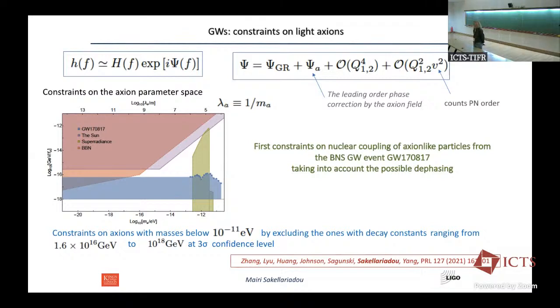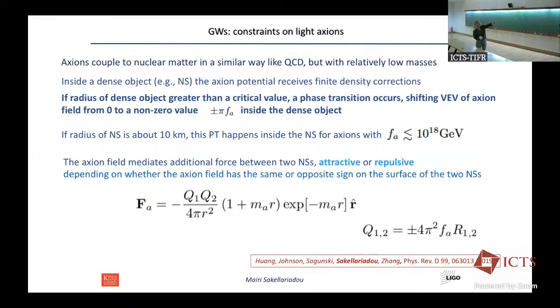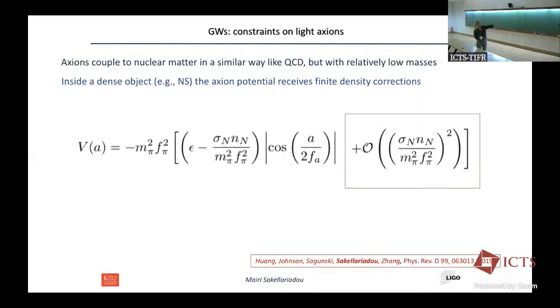Do you assume some specific axion-nucleon couplings? No, that's all that I have here. These are free parameters. I don't assume anything else. Axions need to interact with neutrons, right?